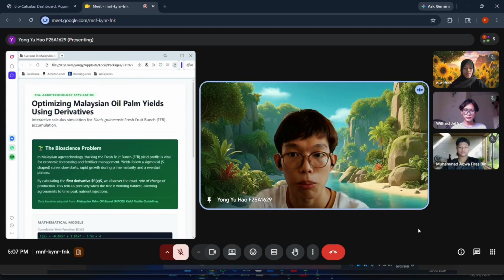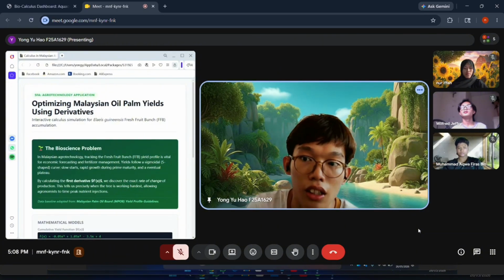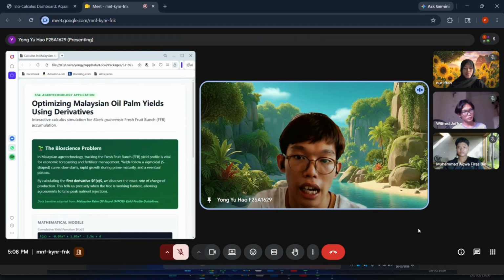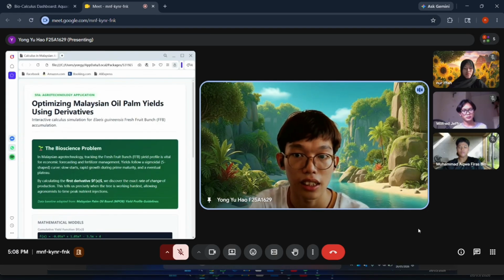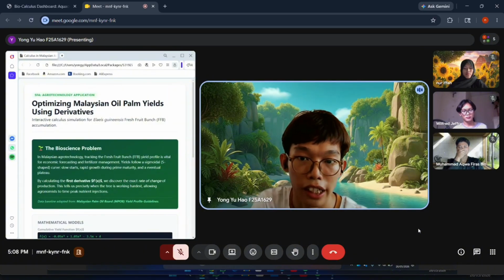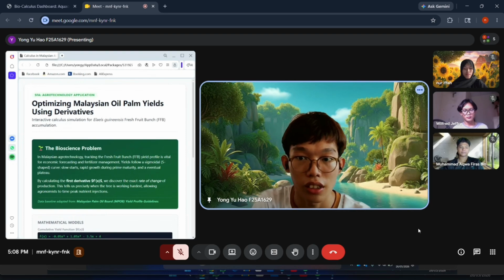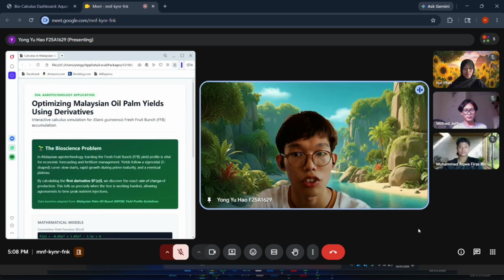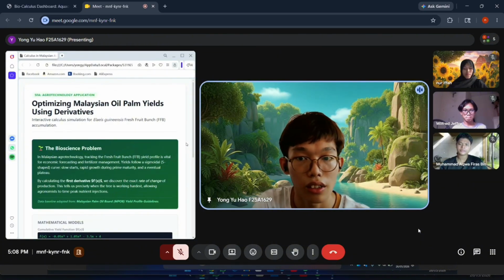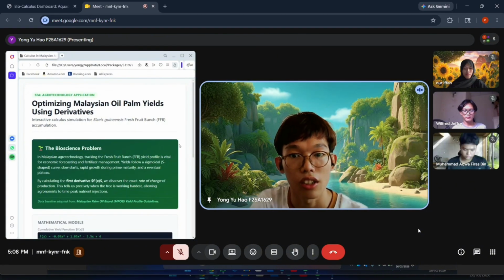Studying this bioscience problem is important because oil palm is one of Malaysia's major agricultural industries. By understanding yield growth, farmers can improve fertilizer management, increase productivity, and reduce resource waste. This project also shows how mathematics can be applied in real-life agriculture technology.